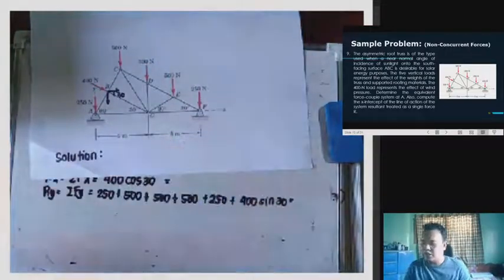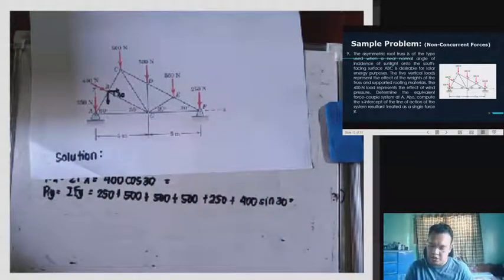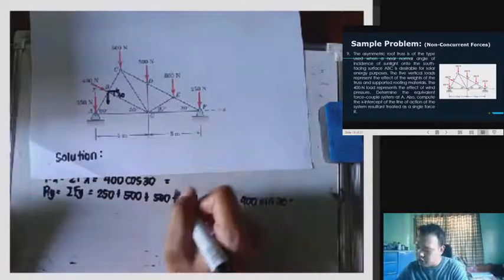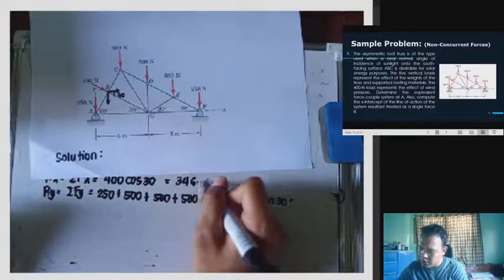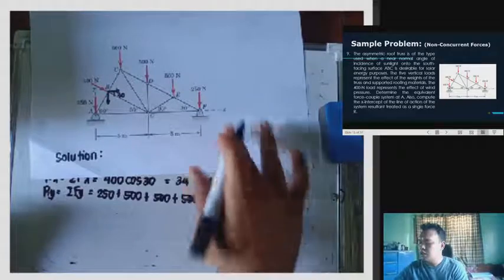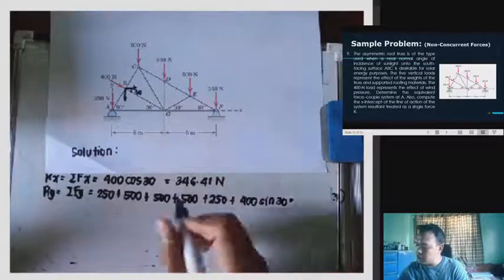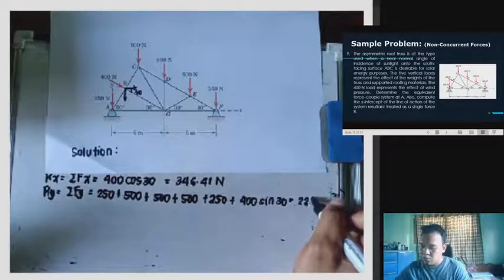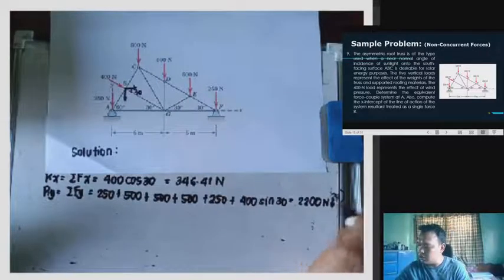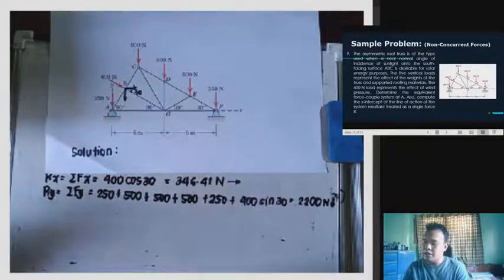Therefore, Rx is equivalent kay 400 cosine 30, so we have here 346.41 Newton. Then for the value of Ry, we have here 250 plus 500 times 3 na lang kasi tatlo naman yung 500 dyan, plus 250 plus the 400 sine 30. So we have here 2,200 Newton going down. Ito is going to the right.